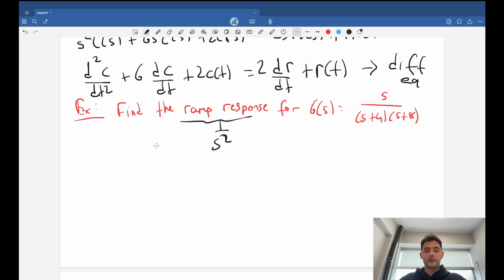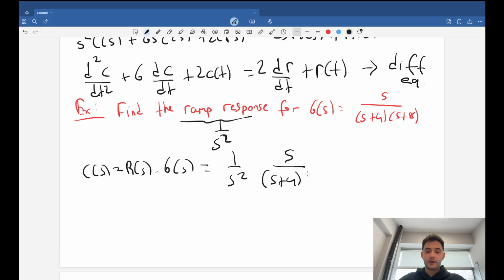So let's write it down. Ramp response for G(s). By the way, if it asks you about some response, you need to get C(s). So again, I will write C(s) equals R(s) times G(s), which is 1 over s squared times s, s plus 4, s plus 8, right?